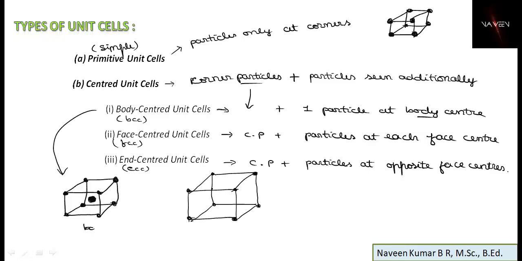Now this is one face, assume. So in the center of this face, I am writing a particle. Behind this, assume this is one face. At the center of that face, I am writing a particle. So this side, face centered, and towards this side, face centered, above face centered, below face centered, I am writing a particle. Now, these dotted lines, you consider the opposite faces.